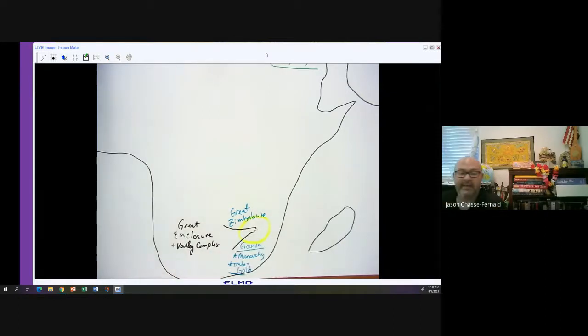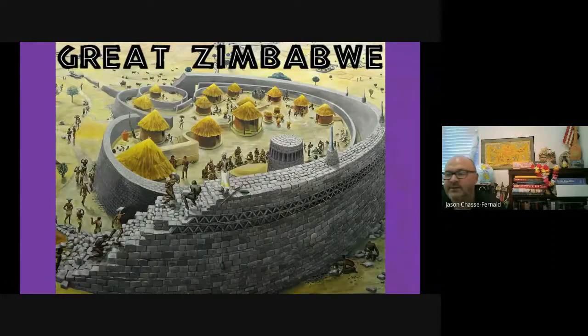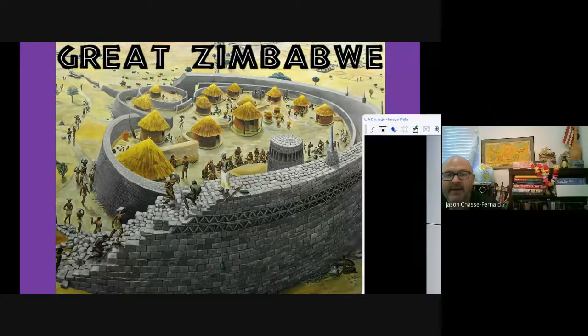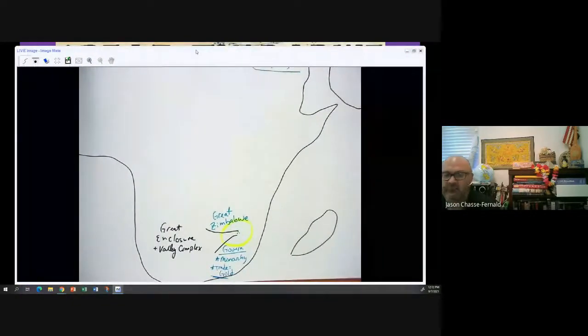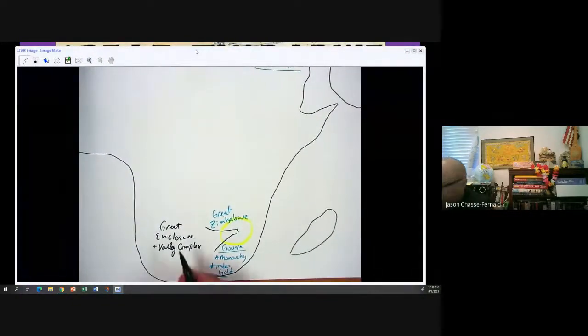I'm going to show you what that looks like. Drag this off for a second. It looks something like this. This is an artistic rendering of the Great Enclosure in the wider valley complex in the background there. And the actual archaeological remains are still there today in what is today Zimbabwe.